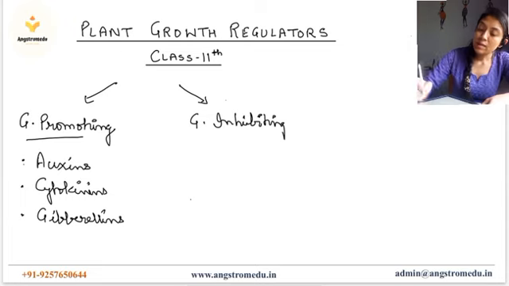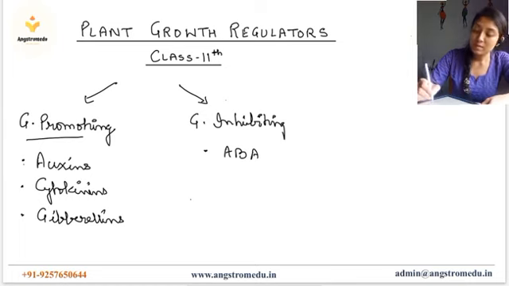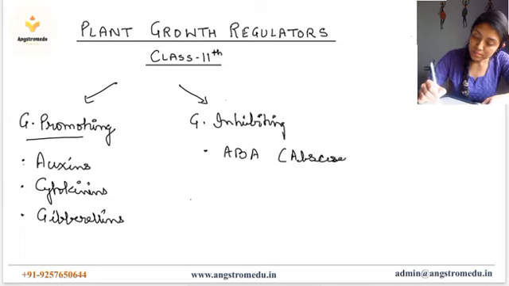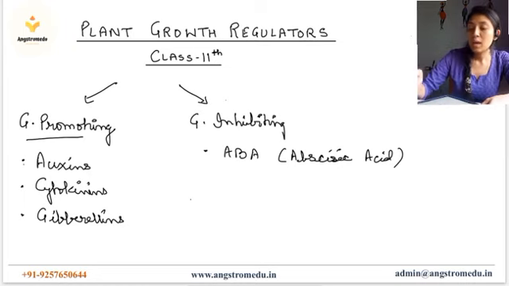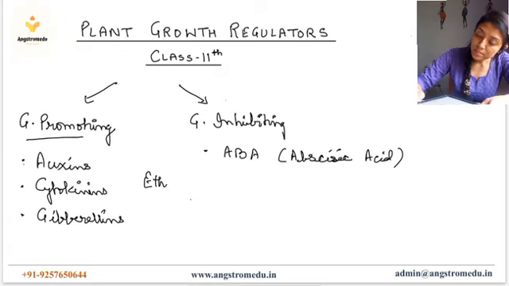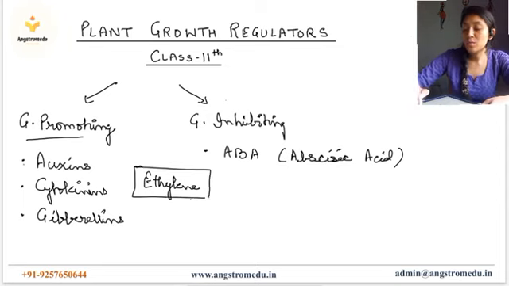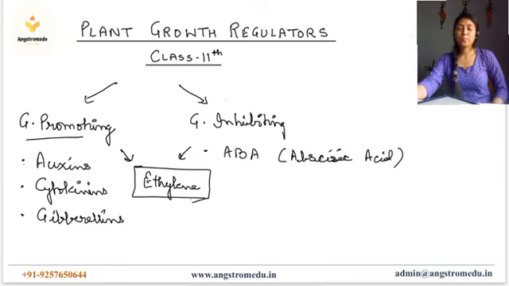Okay, and in the category of growth inhibiting, we have ABA, that is abscisic acid. And the fifth one is ethylene. Ethylene acts as both. It can be a growth promoting hormone also, and it can be a growth inhibiting hormone also. So ethylene comes in the midway.